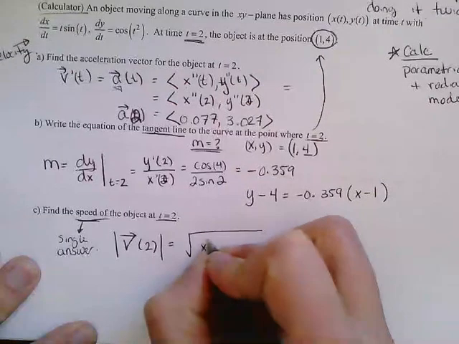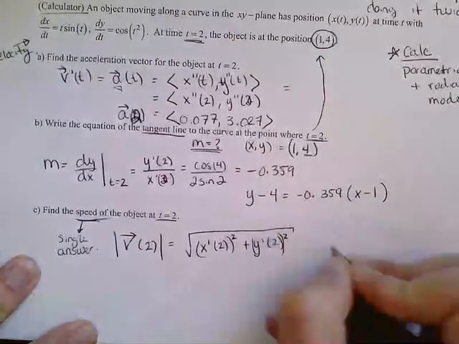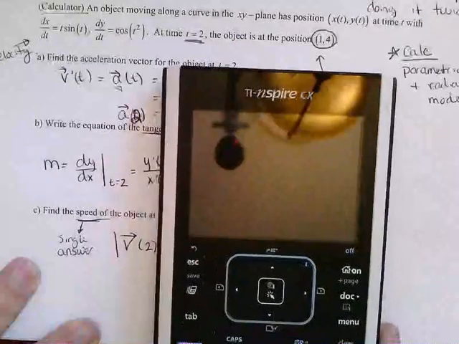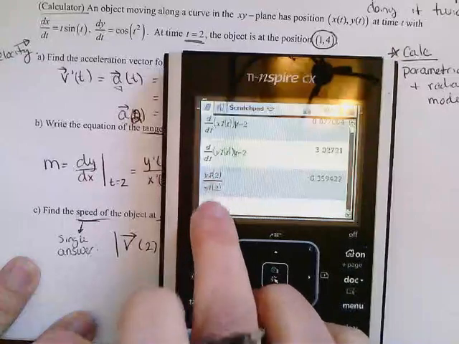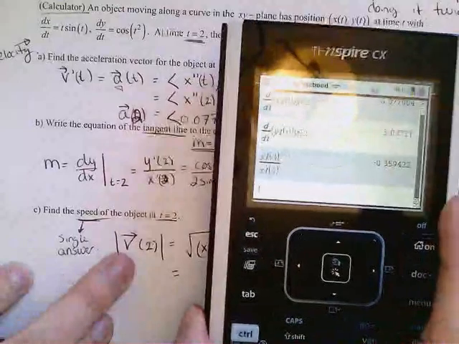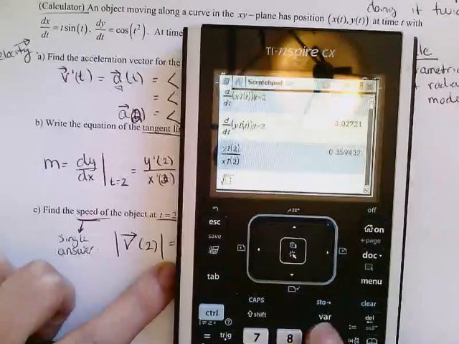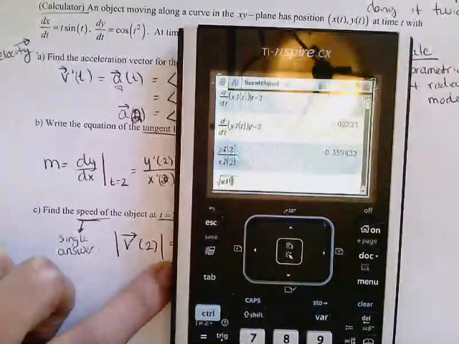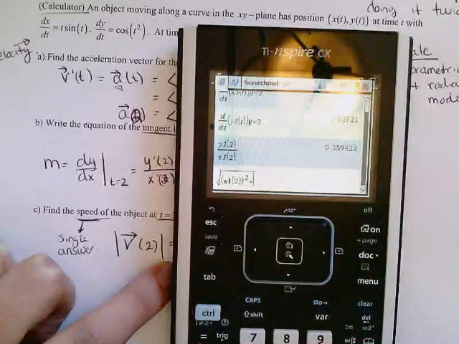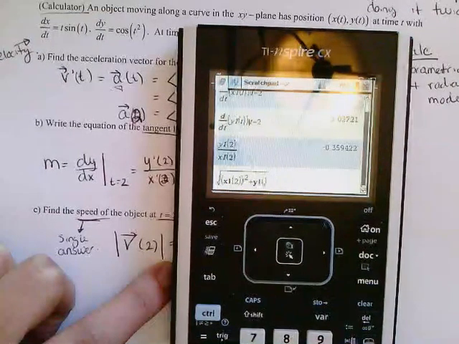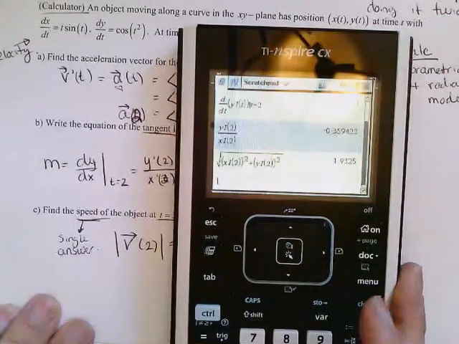So I'm just going to take x prime of 2, square that, plus y prime of 2, square that, and if you do this in the calculator, remember we already have these functions stored as the velocity functions, so I just have to take the square root of x of 2, let's put this in parentheses so I don't mess up, square that, plus my y function, again let's put the whole thing in parentheses, of 2 squared, and you get 1.933.